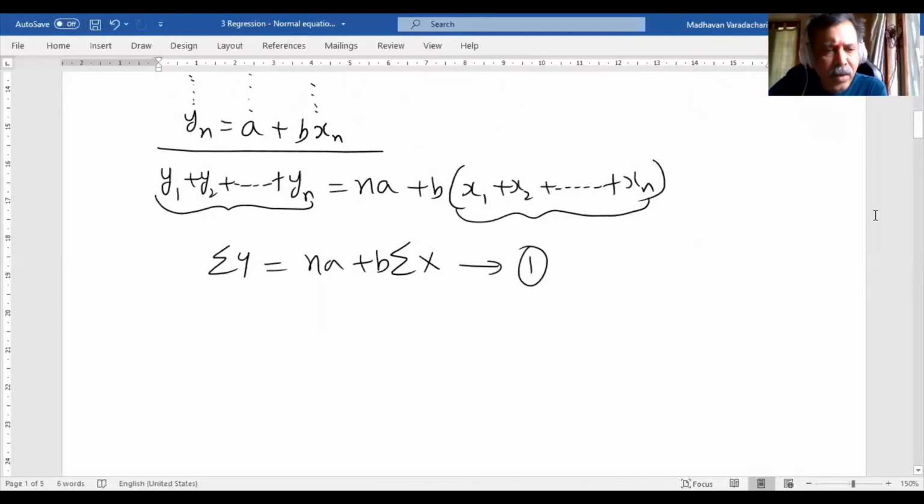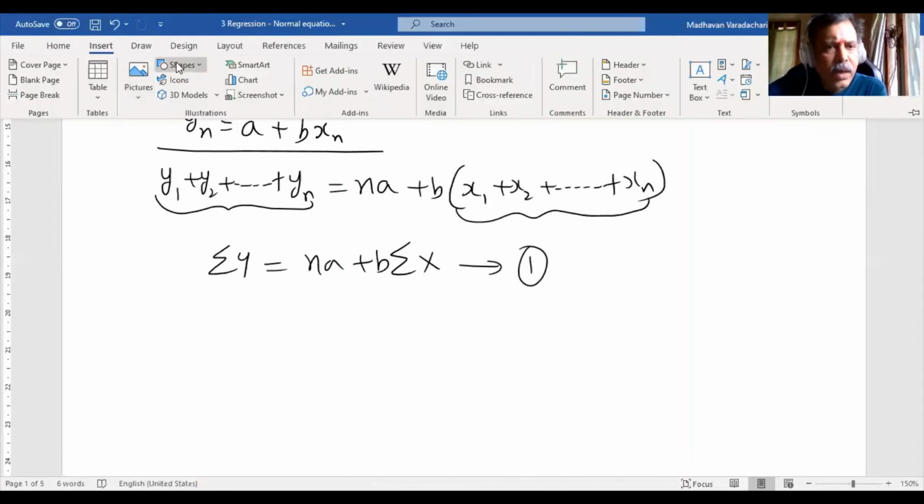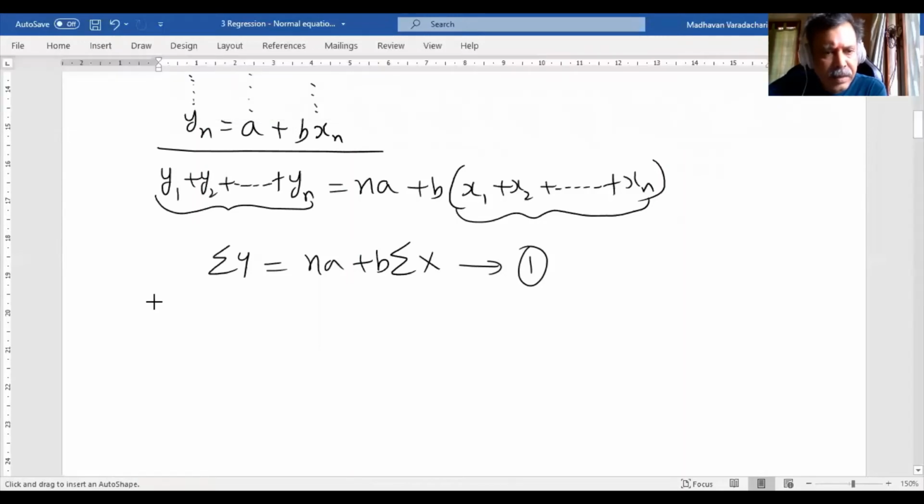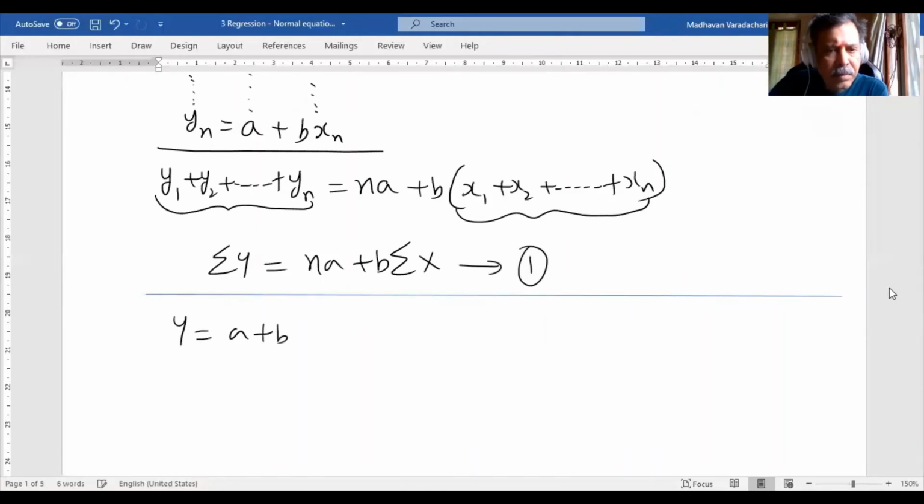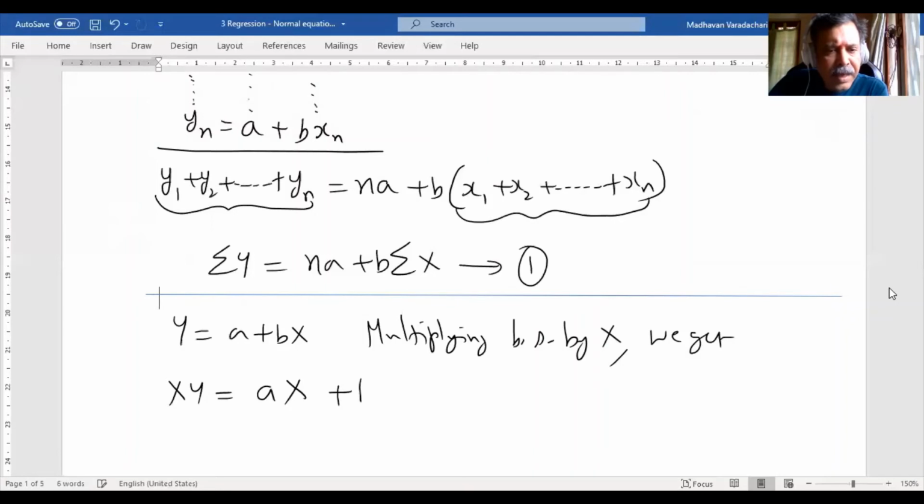So we can arrive at this one normal equation like this also. Now, for the second normal equation, let us go back to the equation y equal to a plus bx. Multiplying both sides by x, we get x times y equal to a times x plus b times x into x, which becomes x square.